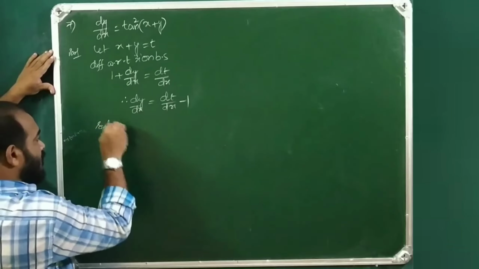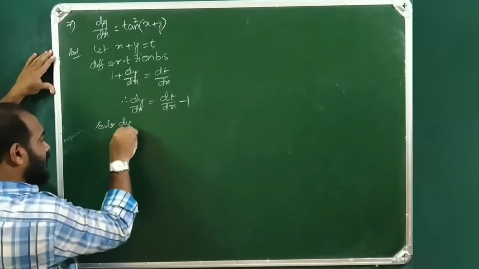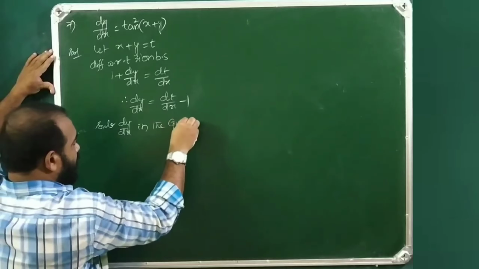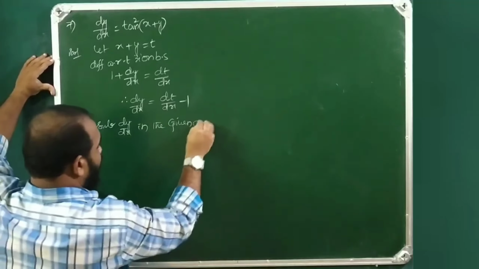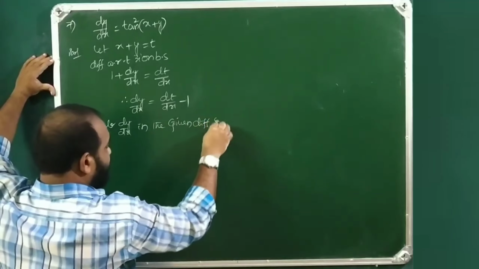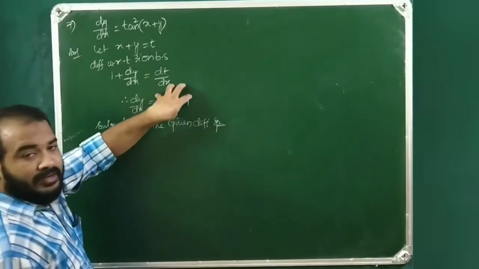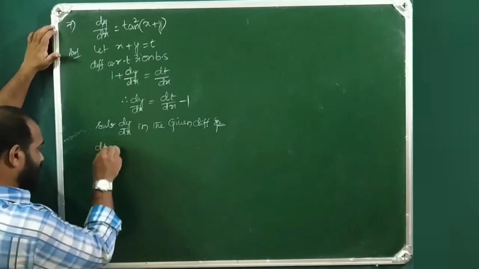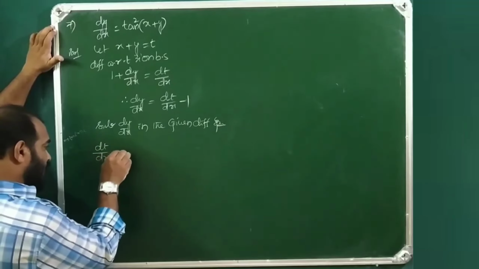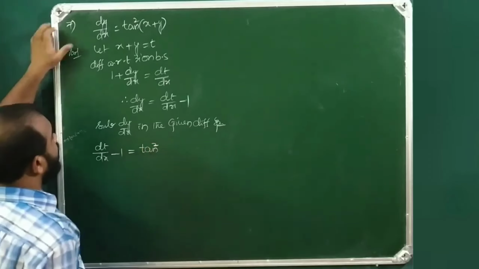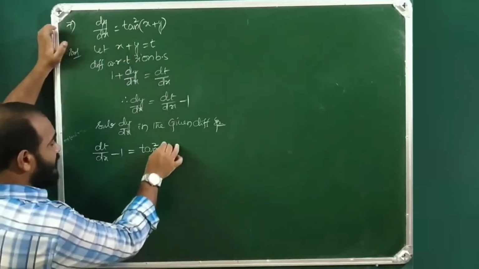Substituting dy by dx in the given differential equation, dy by dx can be replaced as dt by dx minus 1 is equals to tan square, x plus y is to be replaced as t.